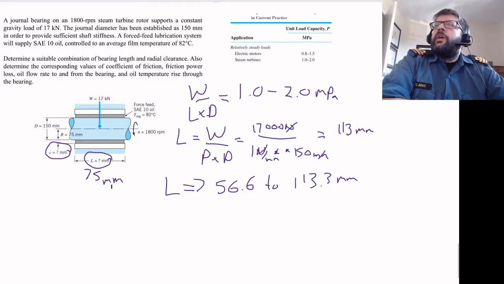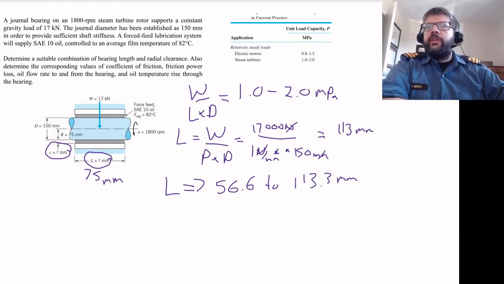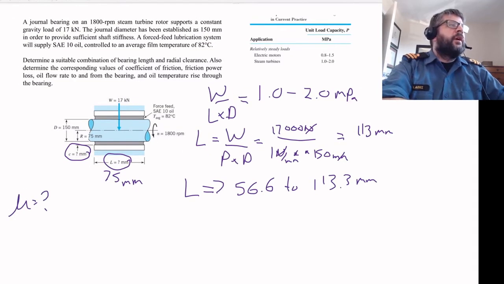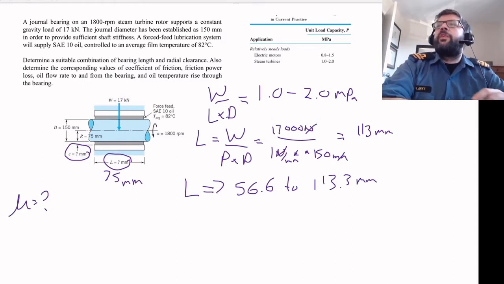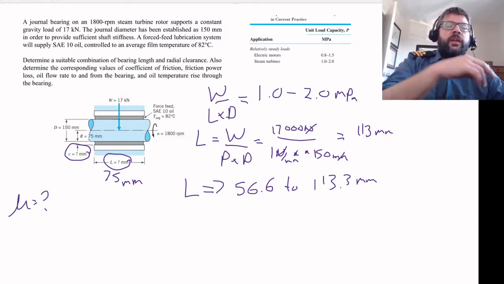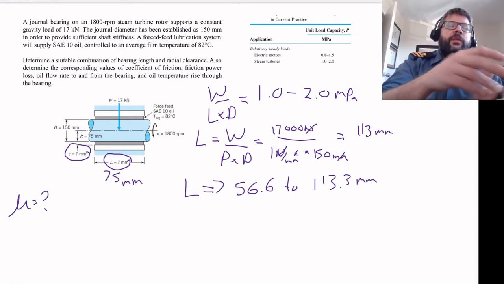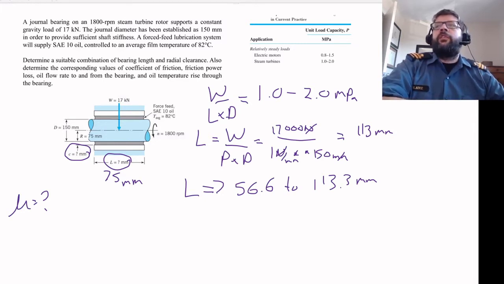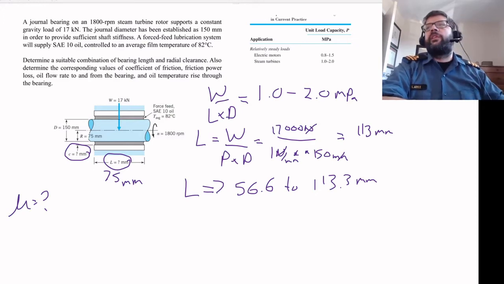The next thing that we should try to figure out is what our viscosity is. We don't know what our viscosity is, but we do know what our average film temperature is because it's being controlled for that. Basically, they're cooling the lubrication when they're recirculating it, enough that we're targeting an average film temperature of 82 degrees Celsius.